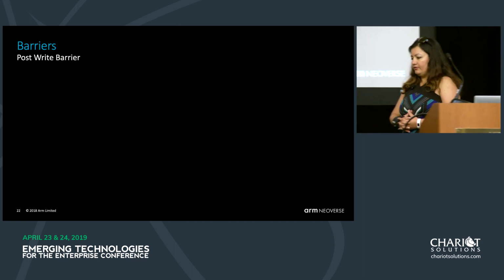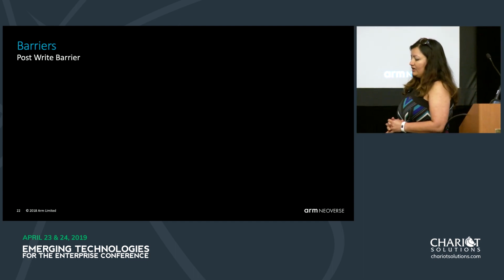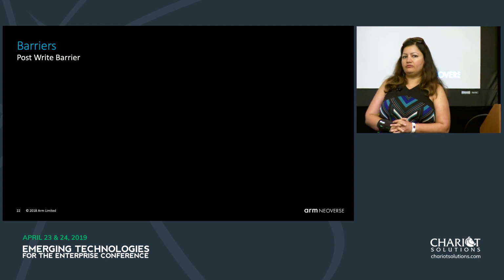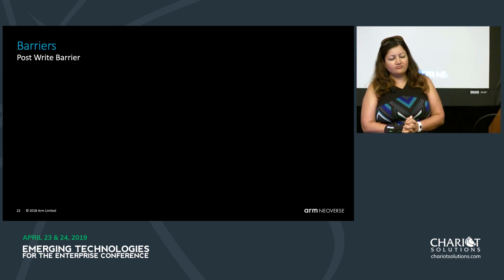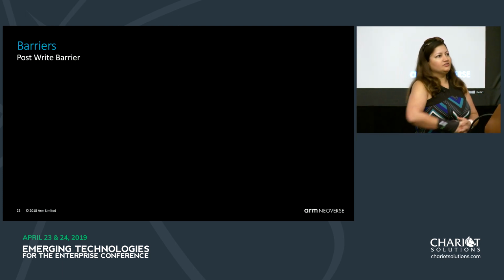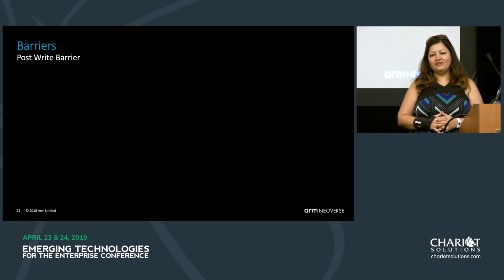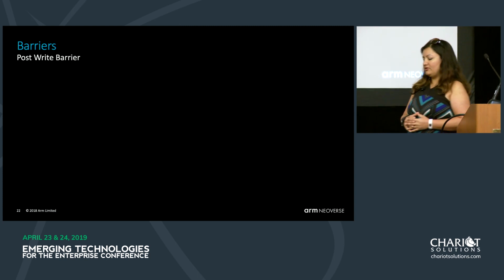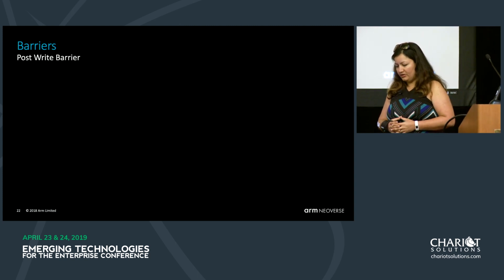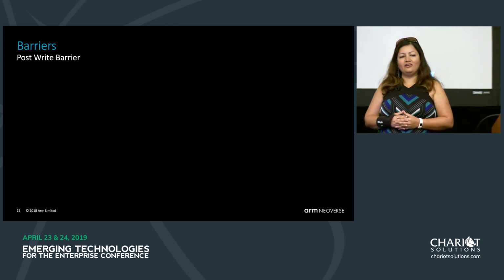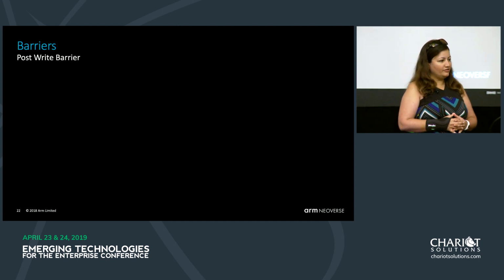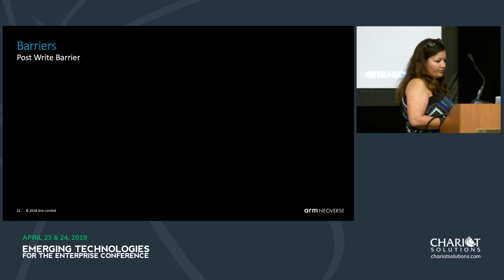The other barrier that G1 GC has, and I have not introduced the concept of remembered set because it's a concept in itself, but just remember that any old to young references, and old to old references, have to be remembered. In order to do that, you have a post-write barrier.